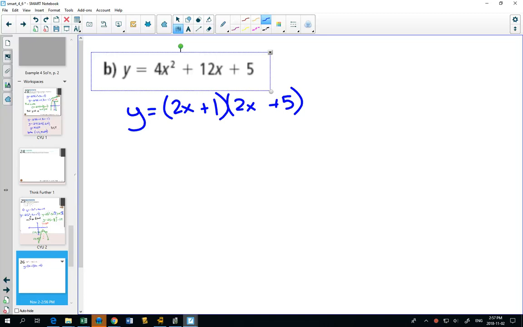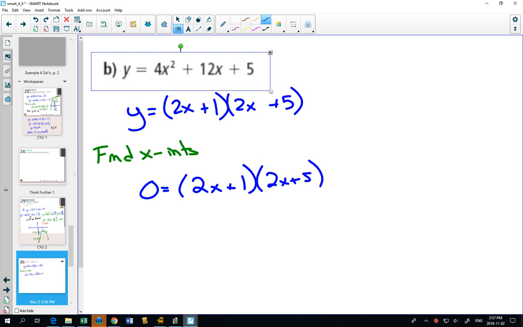So here I factored it to be 2x plus 1 and 2x plus 5. From that, I can find my x-intercepts by setting the equation equal to 0. And you get x equals -1/2 and x equals -5/2 as your x-intercepts.